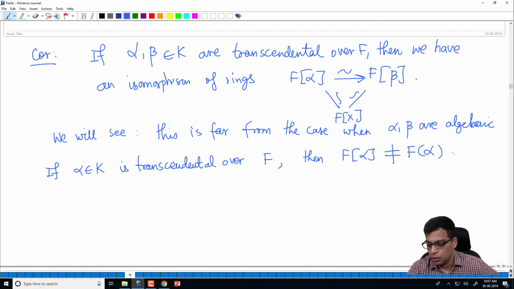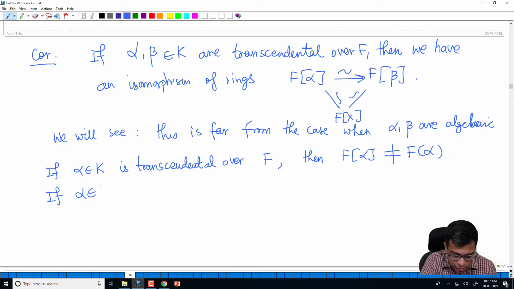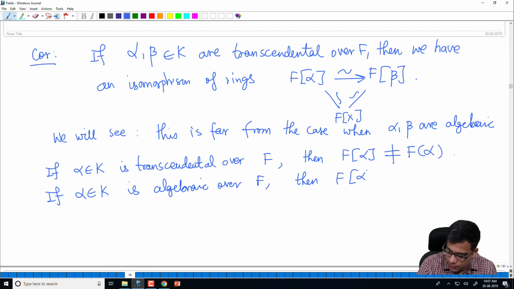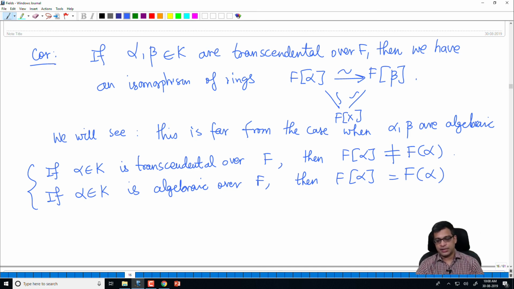So F(alpha) is a strictly bigger set than F[alpha]. I will just record this here, summarizing it so that you can keep it in mind: if alpha is algebraic over F, then F[alpha] is equal to F(alpha). This is a very important distinction between algebraic and transcendental elements.